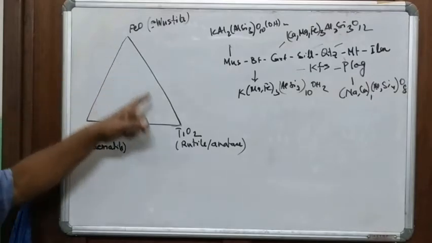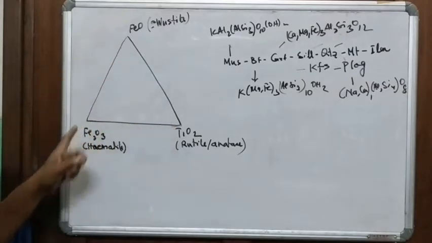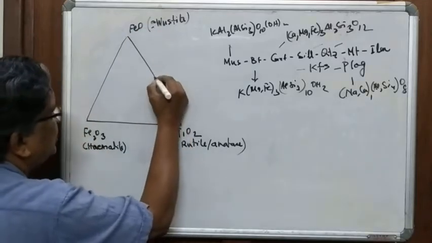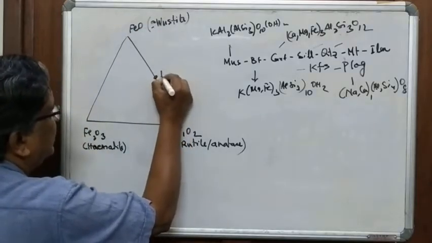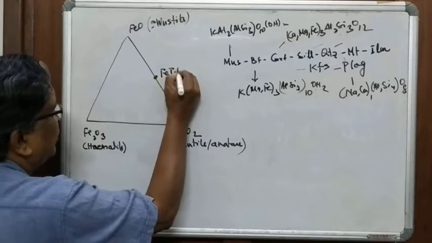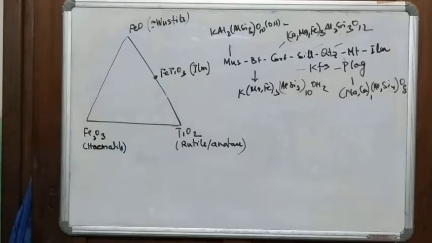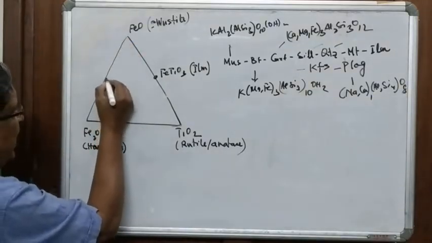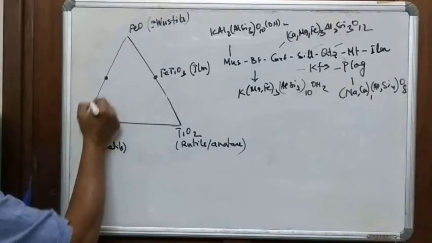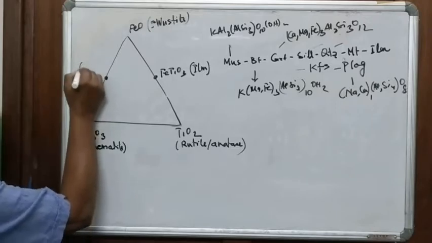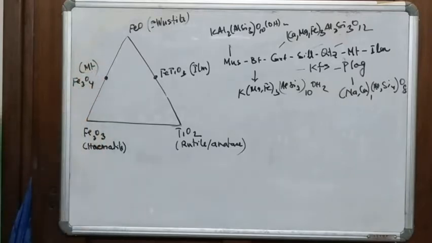So wustite, FeO, TiO2, Fe2O3. And if you take the midpoint here, FeO, TiO2, then you have FeTiO3, which is ilmenite. And then you have FeO and Fe2O3, and this gives you Fe3O4, and this is magnetite.